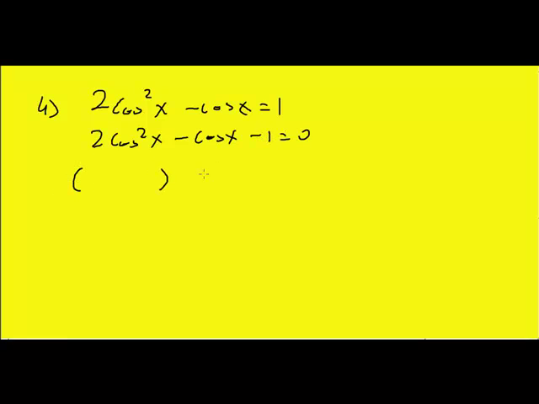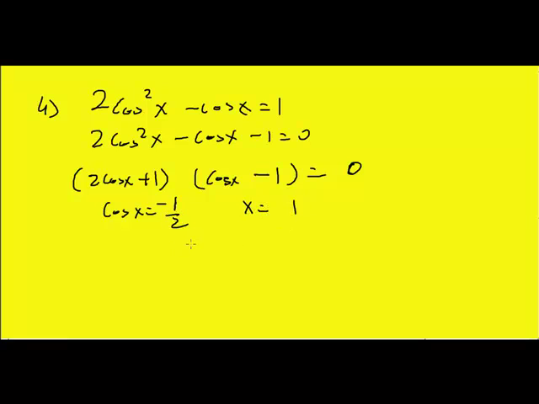And then we're going to factor. Okay, it's 2 cosine x, and then cosine x. I need a negative 1 right there and a plus 1 right there. So I'm going to get cosine x is equal to negative 1 over 2. And I get cosine x is equal to 1.